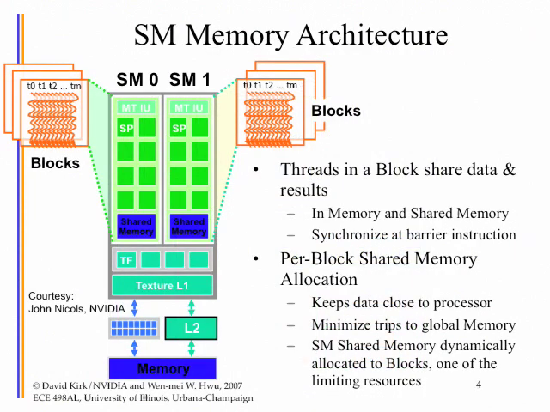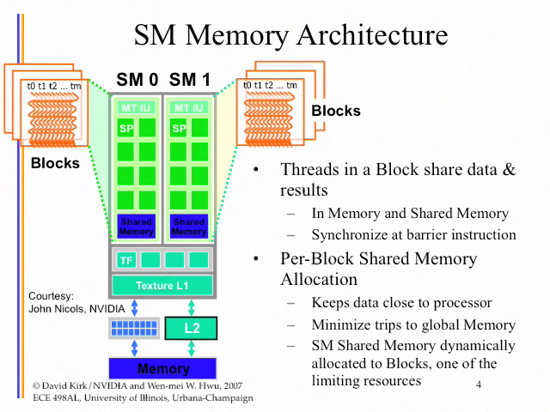So this is a similar picture to yesterday, but the title has been changed to SM memory architecture, and the text has changed. So the picture is meant to remind you that still the assignment unit of threads into SMs will be blocks, right? Whole blocks get assigned to these SMs. Okay, so that's still a very important thing to remember.